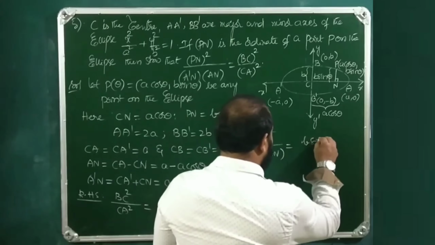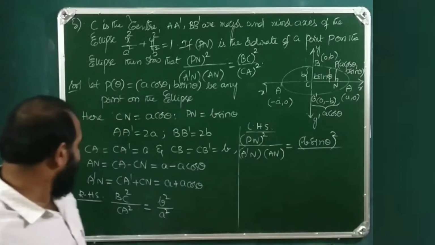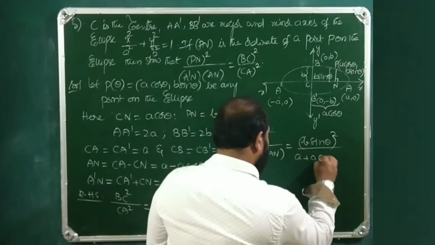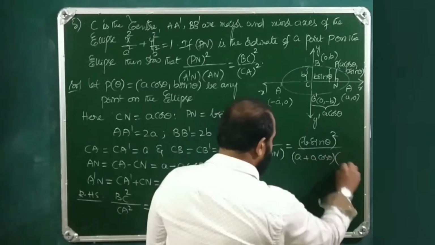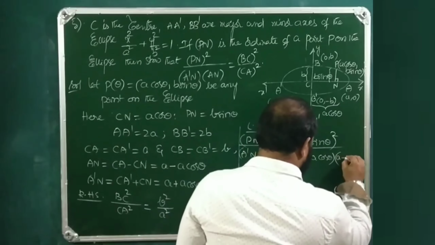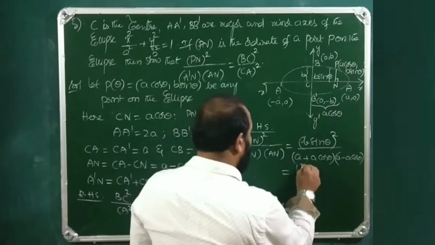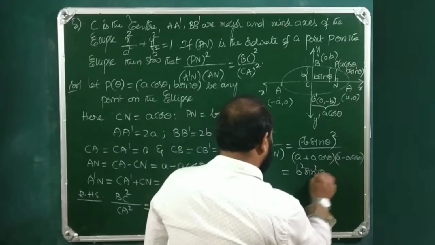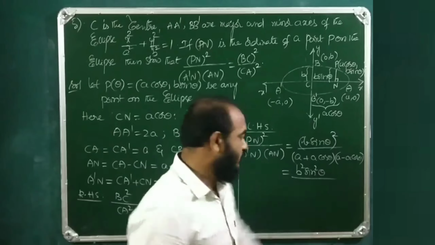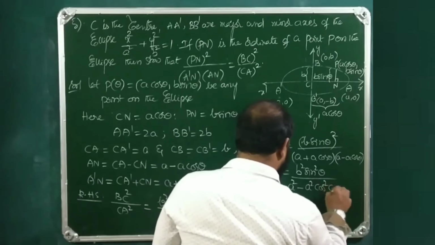So this is B sin theta whole square by A dash n is A plus A cos theta into An is A minus A cos theta. So this is B square sin square theta by A plus A cos theta into A minus A cos theta. A square minus A square cos square theta.